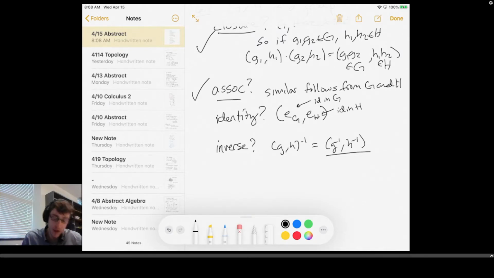So we just get G inverse, H inverse. And then it's pretty easy to check that: GH times G inverse H inverse is equal to the identity in G and the identity in H. And so we're good, and so we get a group.